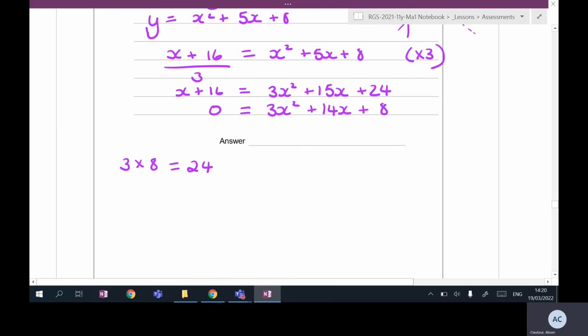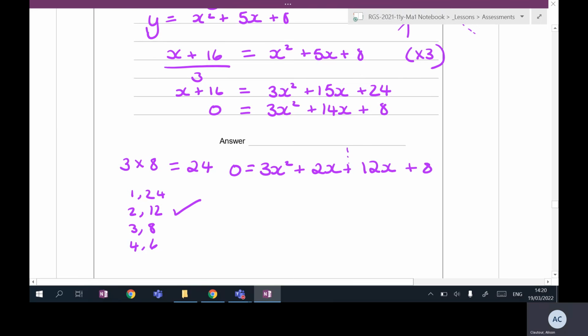So if we list the factors of 24, we've got 1 and 24, 2 and 12, 3 and 8, 4 and 6. So I'm after the one that makes 14. Okay, so I'm going to pick 2 and 12. Okay, so I'm going to split 14x, so it's 2x and 12x.